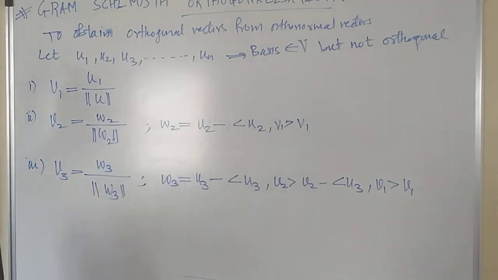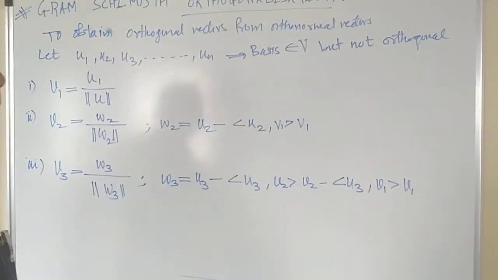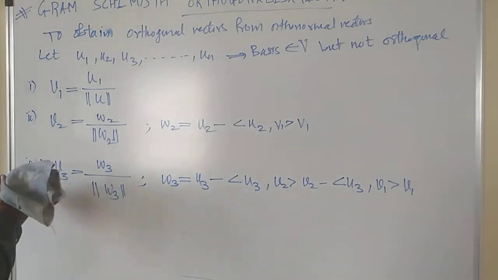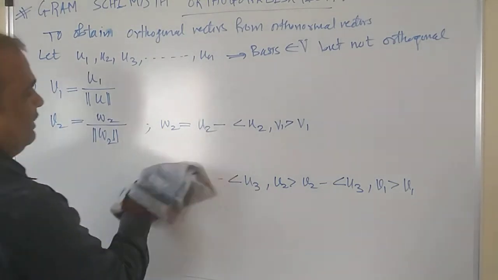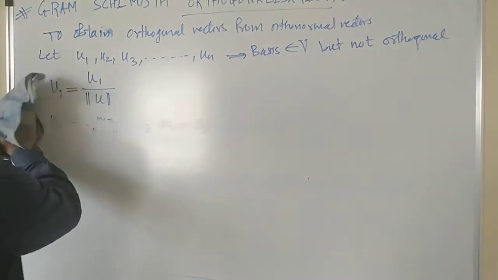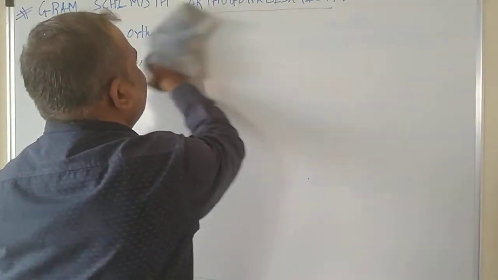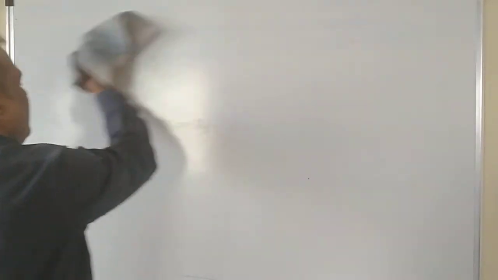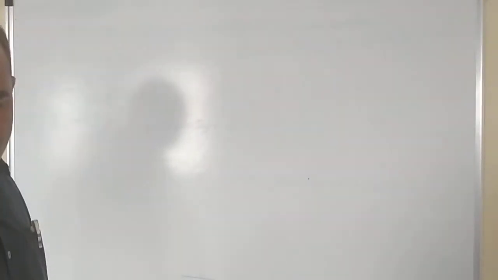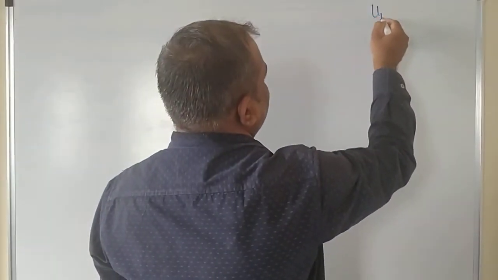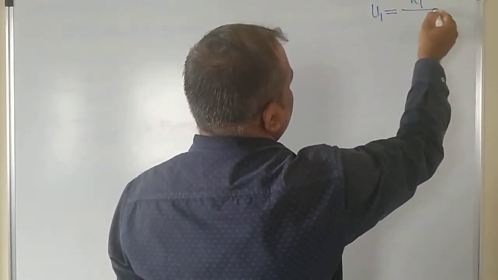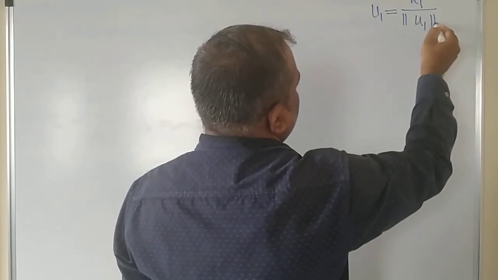So let's try to understand this Gram-Schmidt orthogonalization process with the help of an example. Let's take the first example, and let me write these formulas here again before going to the example. So how to calculate the first vector? v1 is equal to the given vector u1 divided by the norm of the vector u1.